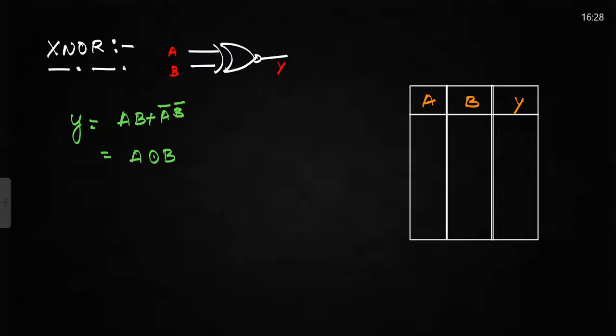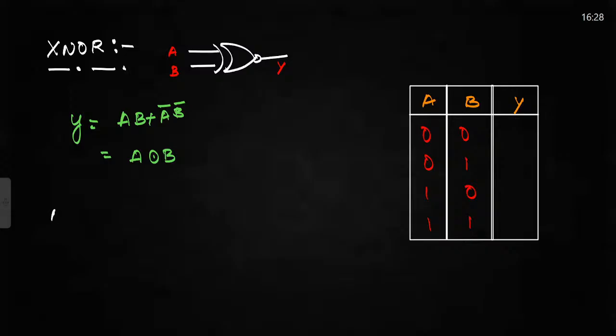A XNOR B. Now what are the total number of possible input combinations? 0, 0, 0, 1, 1, 0, 1, 1.